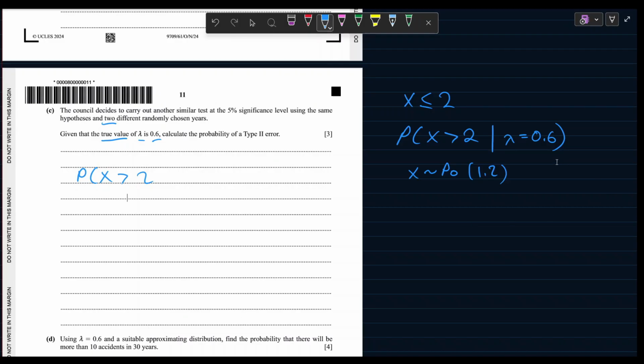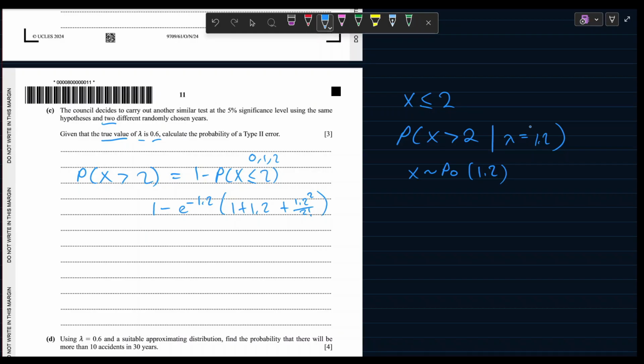So maybe rather than saying that this is 0.6, we're saying that this is 1.2. So probability that x is greater than 2, that's going to be 1 minus the probability that x is less than or equal to 2. So that's 1 minus e to the negative 1.2 times, we want 0, 1, 2. So 1 plus 1.2 plus 1.2 squared over 2 factorial.